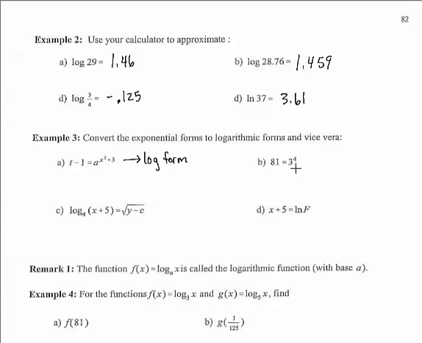Here, same situation, we have something with an exponent, 3 to the 4th. This will be converted to the log form. And here, obviously, we have log base 4, and then for D, we have the natural log with a base of e. So we will go to exponential form for C and D.